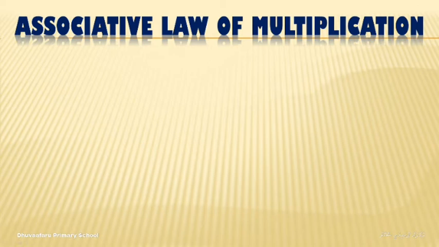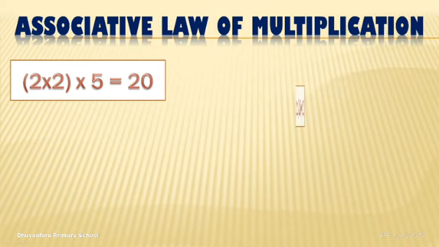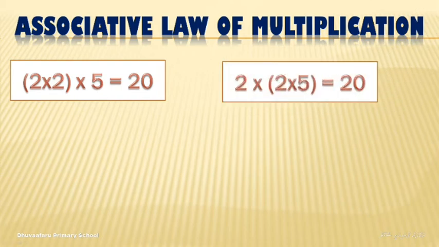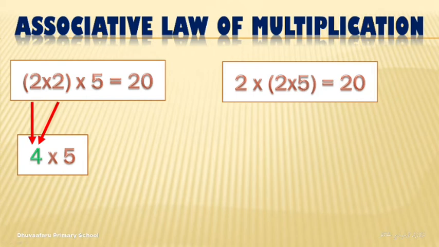What do we do first? Remember, we start with the parentheses, so let's multiply 2 by 2. We get 4, and now all we have left to do is multiply 4 by the last number, which is 5.